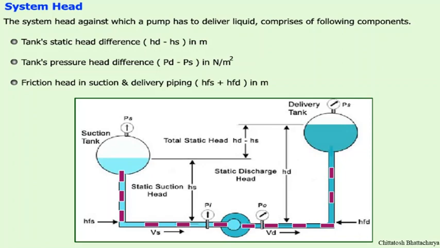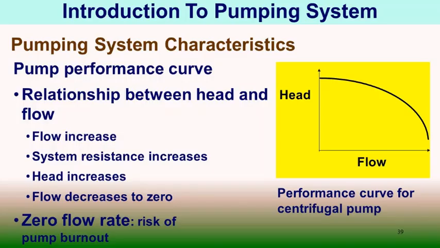The head and the flow rate determine the performance of a pump, that is shown in this figure. That is also called the performance curve of a pump or pump characteristics curve. It shows how the head is gradually decreasing with increasing flow.